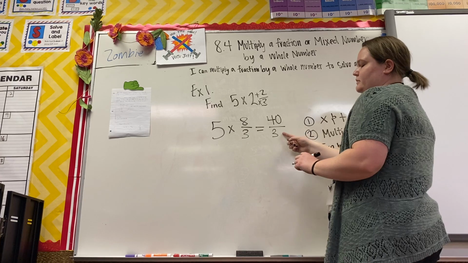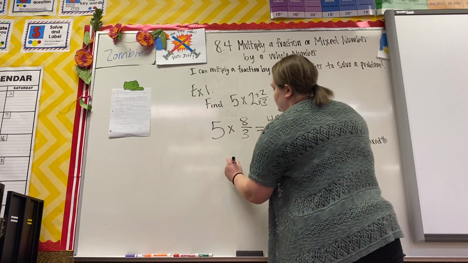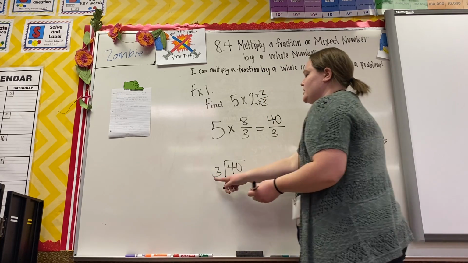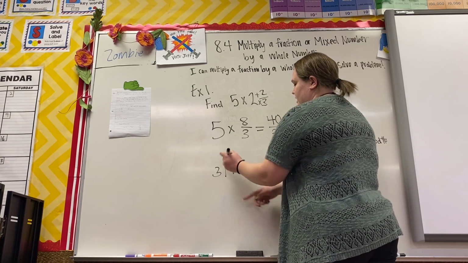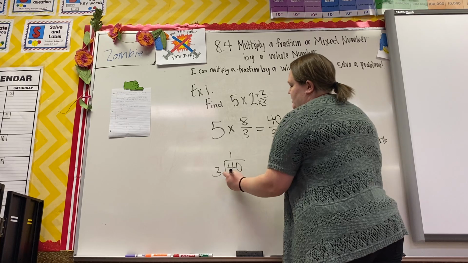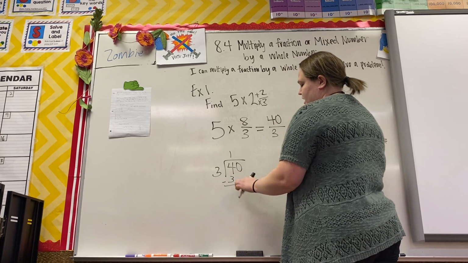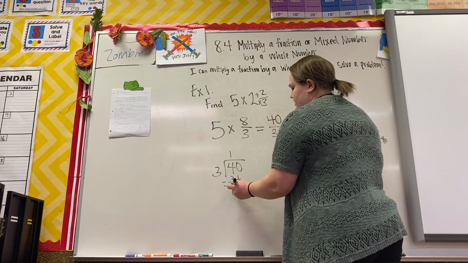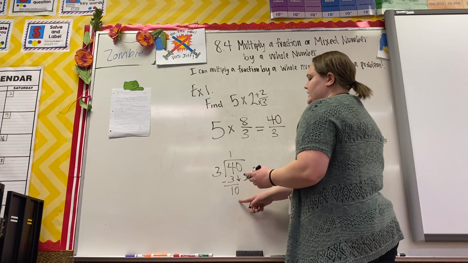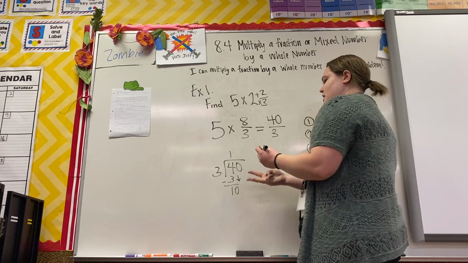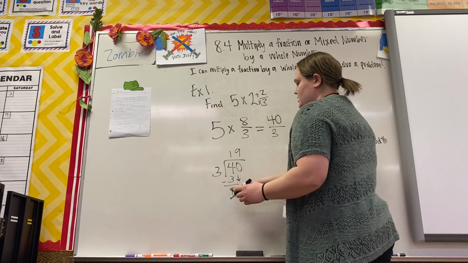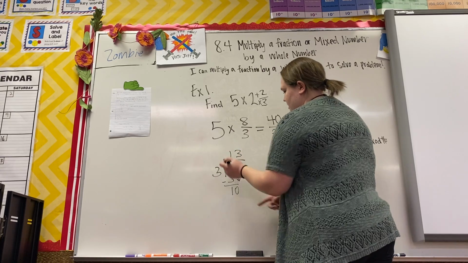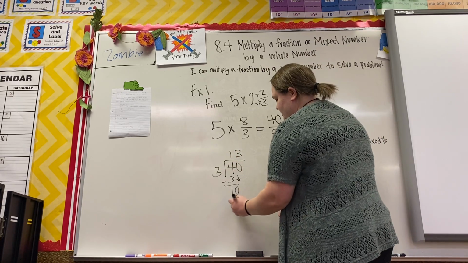So I have 40 over 3, so I'm going to do 40 divided by 3. 3 can go into 4 one time. 3 times 1 is 3. Subtract, 4 take away 3 is 1. Bring down our 0. 3 can go into 10. 3, 6, 9. 3 times 3 is 9.